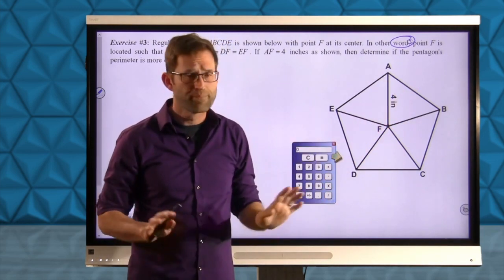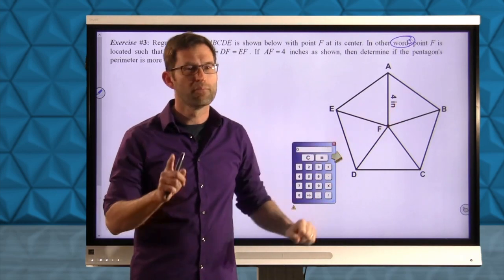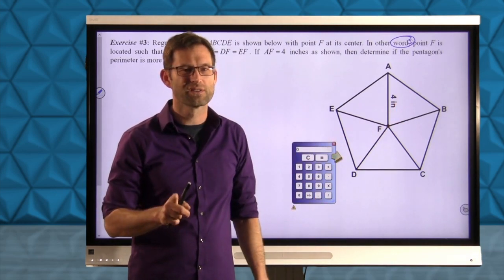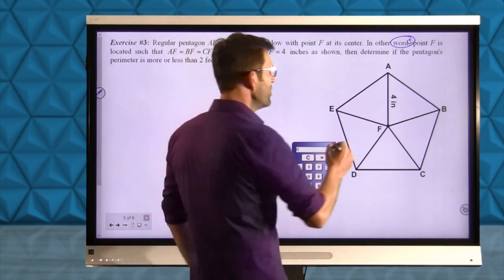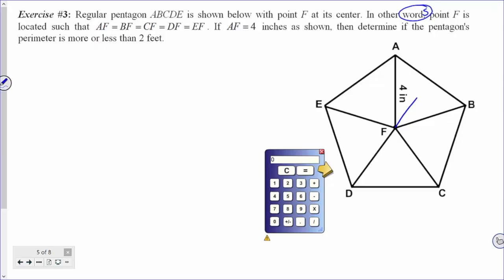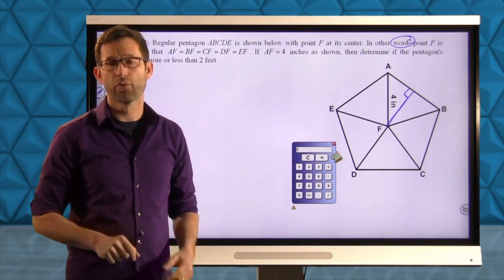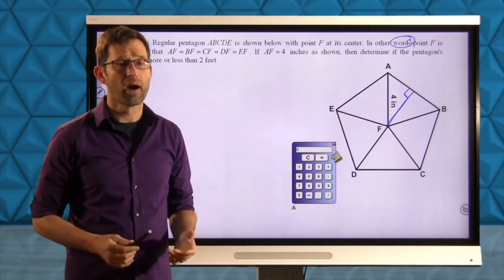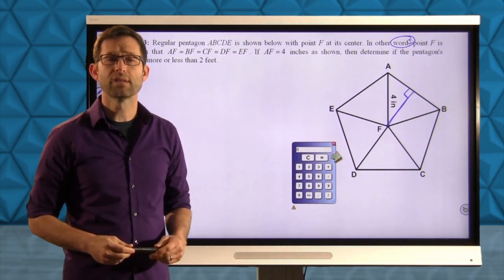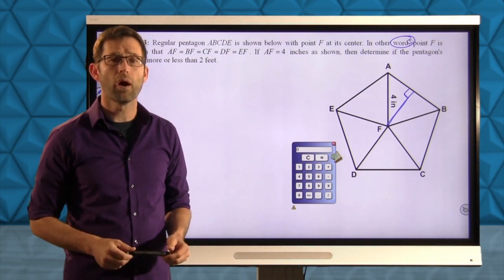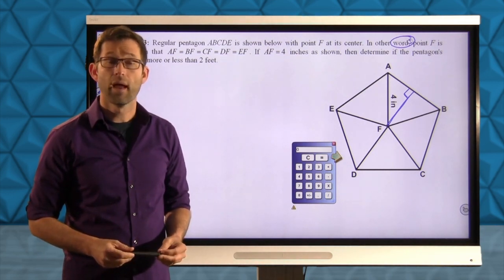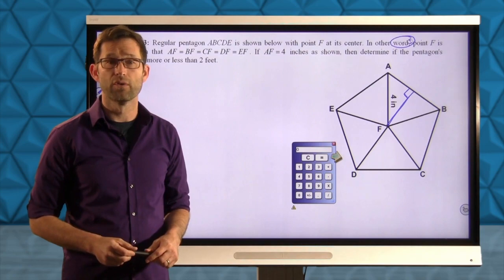These aren't equilateral triangles, but they are isosceles triangles. So what I can do is slice this like this so that I get a right triangle. Now maybe that's enough for you to get through the rest of the problem. Maybe not. Pause the video now and see if you can figure out what the perimeter of this regular pentagon is and whether or not it's larger or smaller than 2 feet.